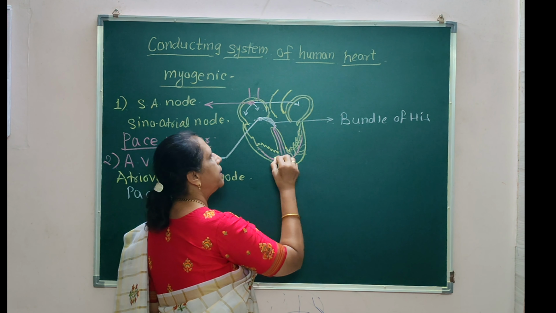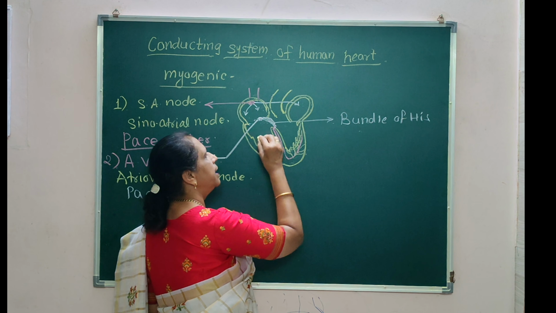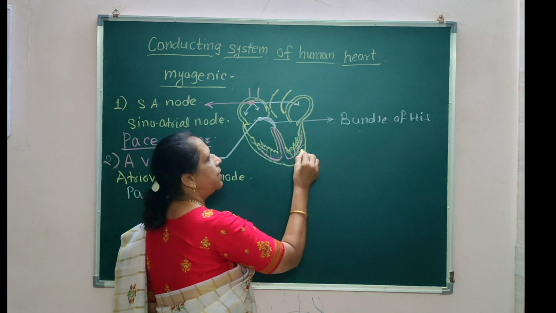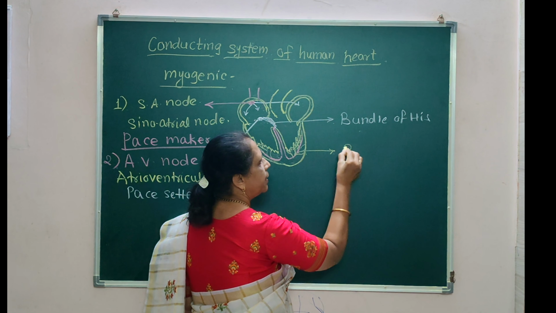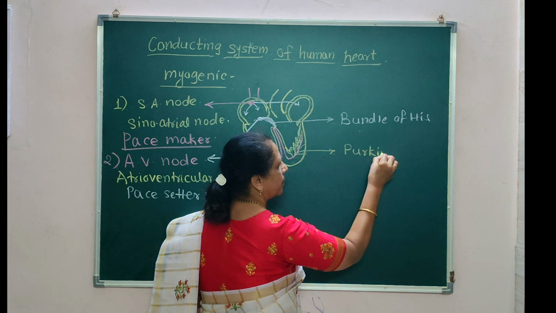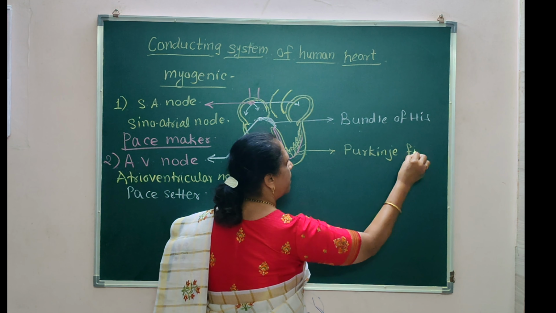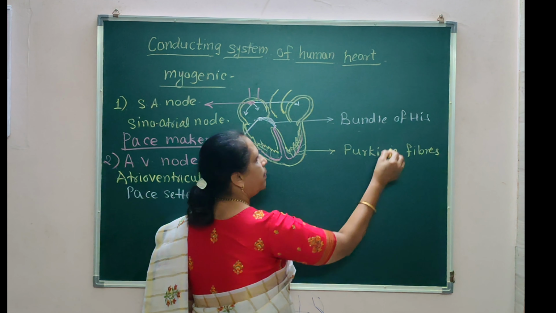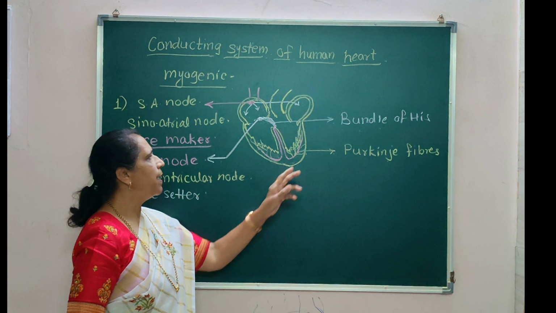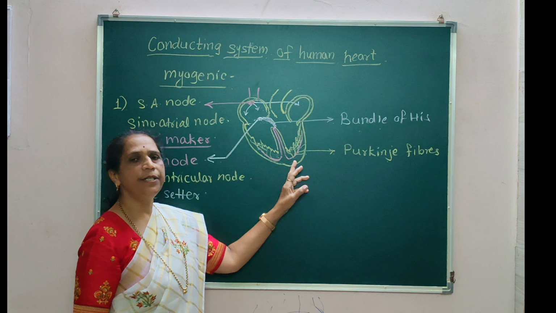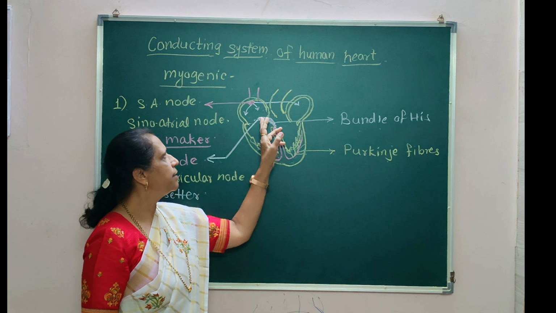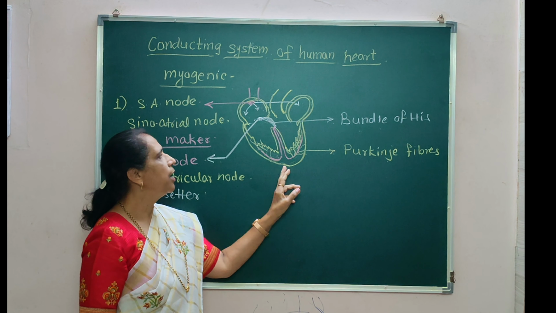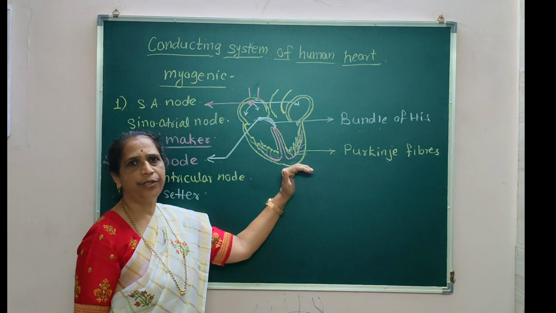The bundle of His divides and redivides into many branches. These branches are called Purkinje fibers. The Purkinje fibers and bundle of His both transmit the impulses received from the AV node, and then ventricular contraction takes place.